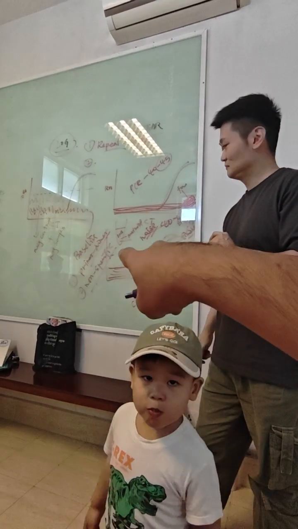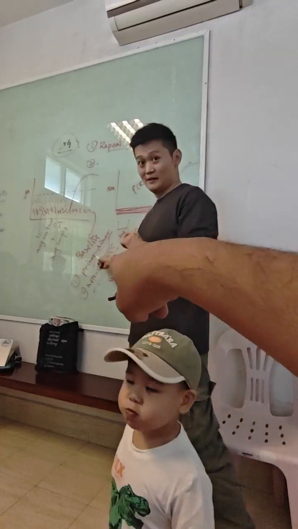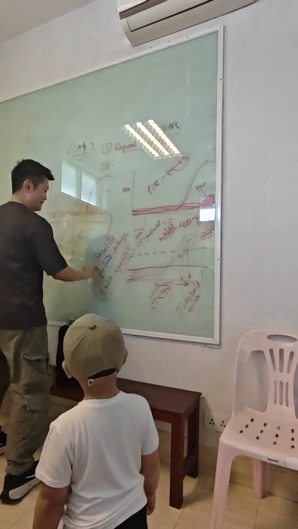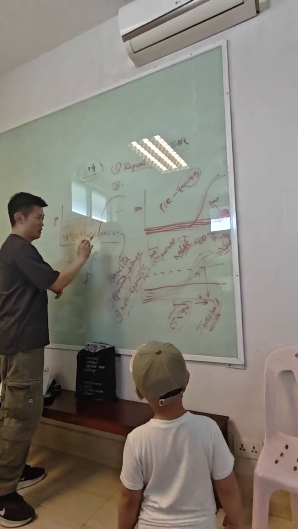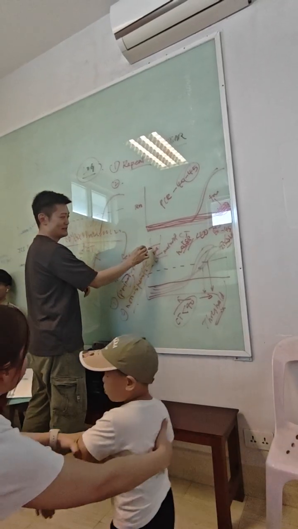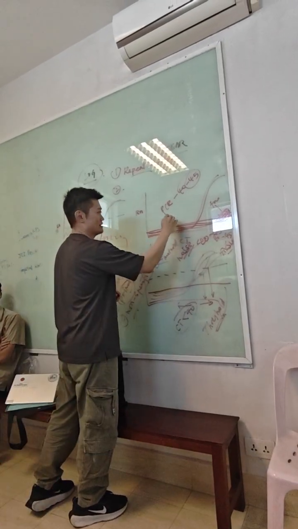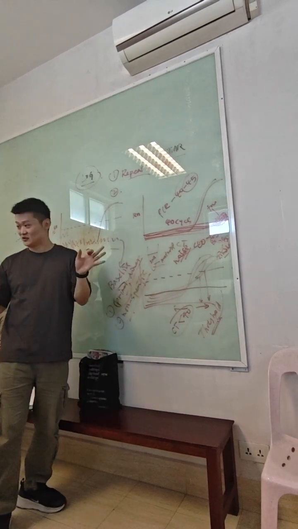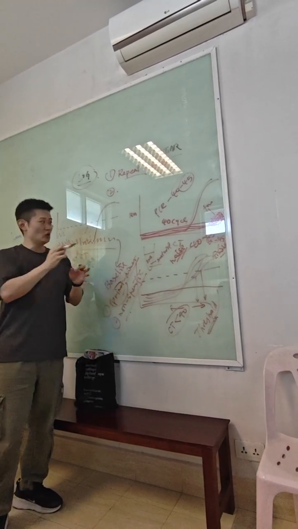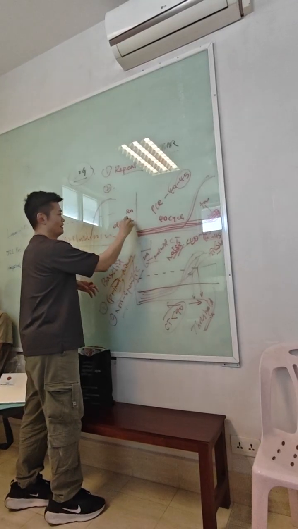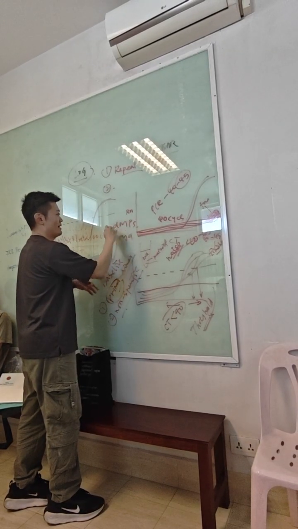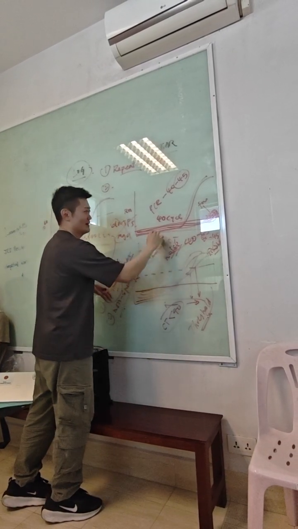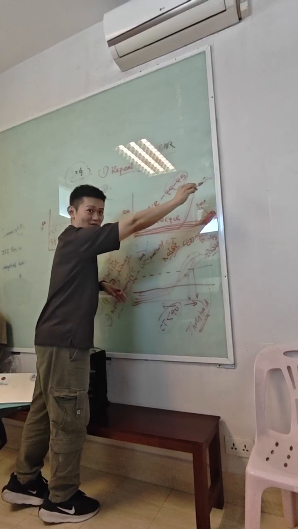Can you explain to me again about primer dimer? Okay, you know primer. When the DNA amplification is almost at 40 cycles, everything inside is almost finished. The dNTPs, magnesium chloride, everything is almost used up.